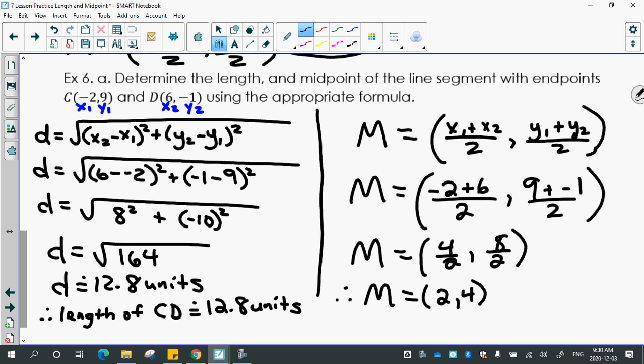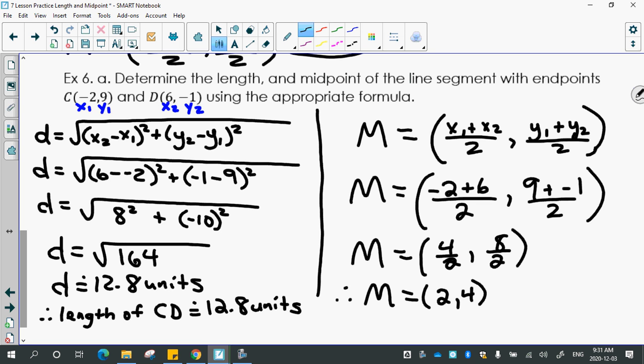And then they asked for it, so I just put a therefore beside it. Okay, any questions about that? So basically, we learned how to use two formulas today. We have to first know which one they're asking for, and then how to use the formula.